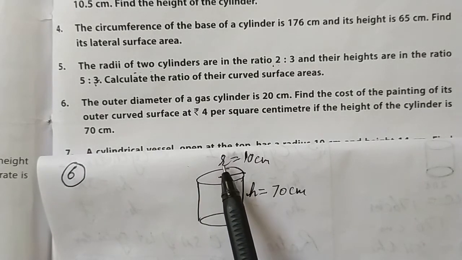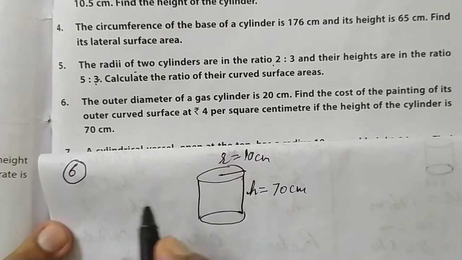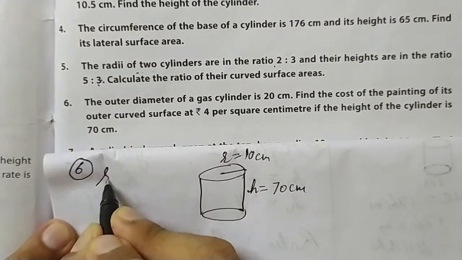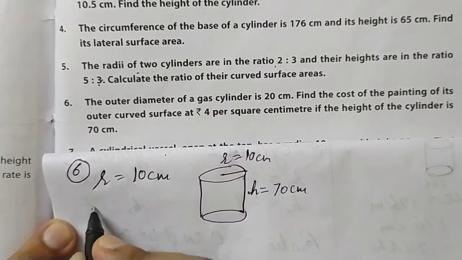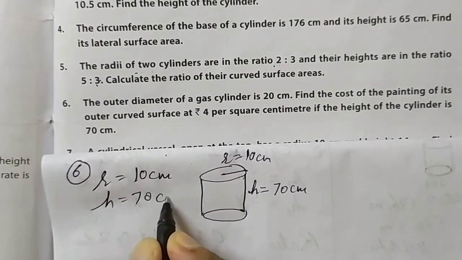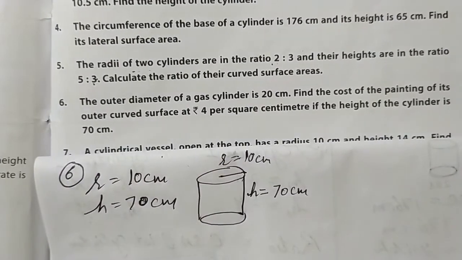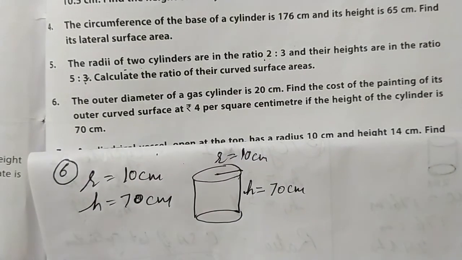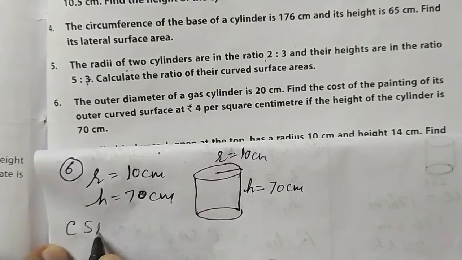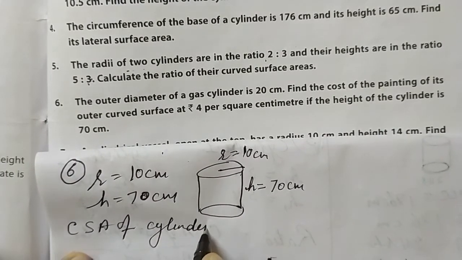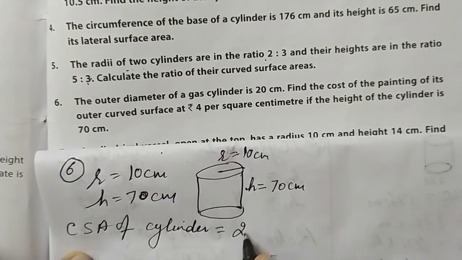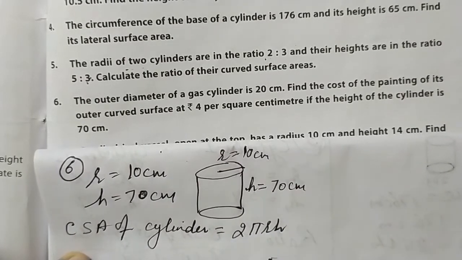So everything is there with us. We'll write here, r is equal to 10 centimeter, 20 over 2. Height is 70 centimeter, right? So we need to find out the CSA. So CSA of cylinder is equal to 2 pi r h.